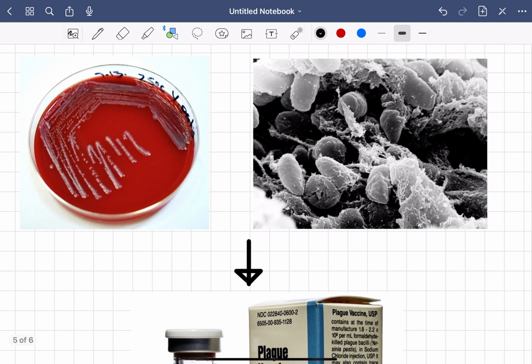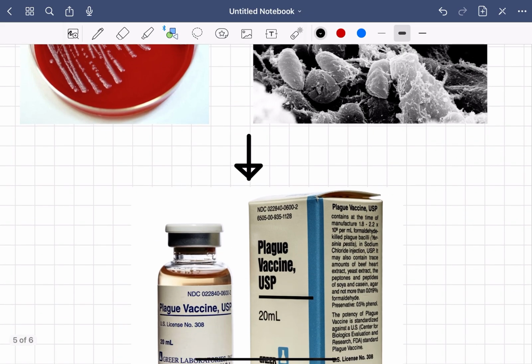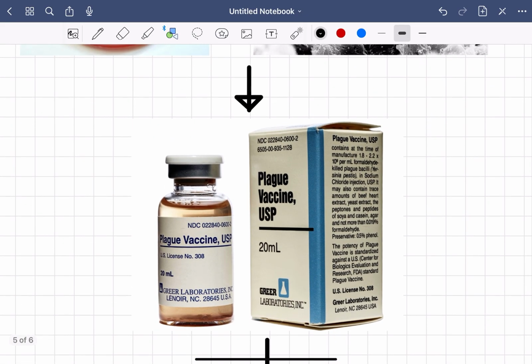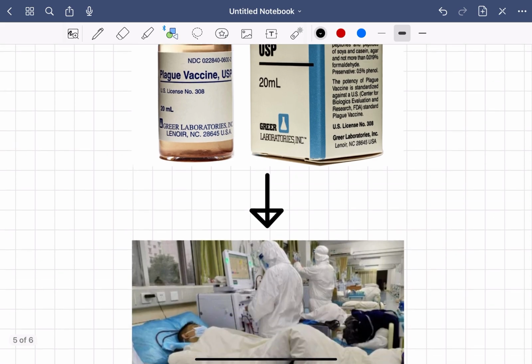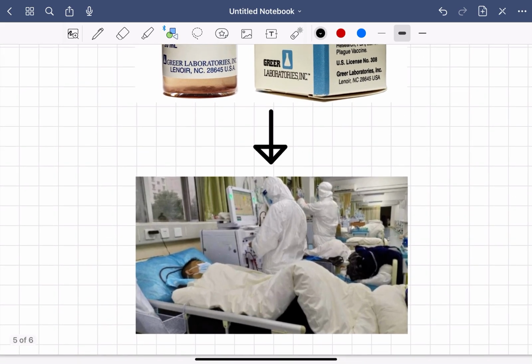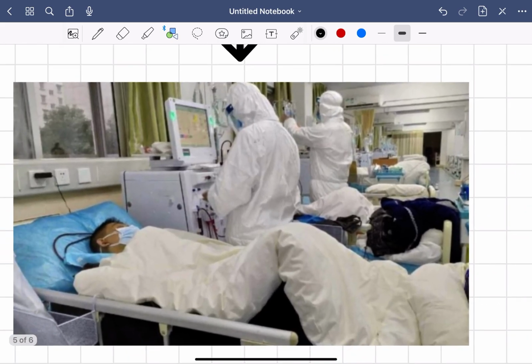However, even though the plague was extremely dangerous, and still is today, we now have a vaccine for it. Because the plague is a bacterial infection, we treat it with antibiotics. As you can see in this picture, there are several patients, and one patient is laying down on the bed due to the contraction of the plague.